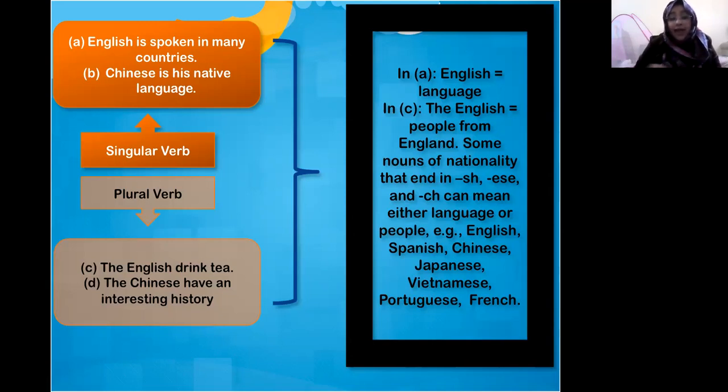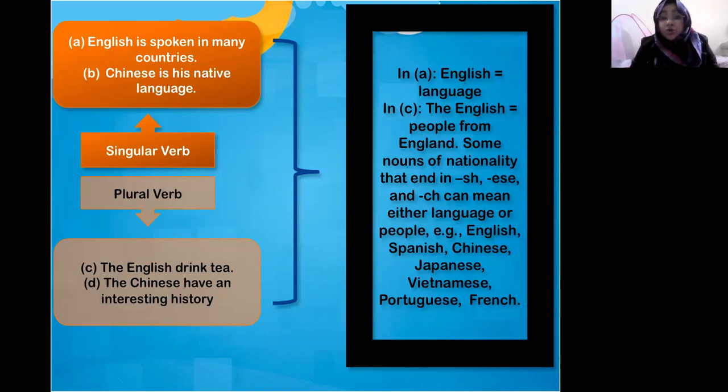But on the other hand, in number C and D, if you notice, there is a determiner. I hope this is understandable, or you must be knowing it, that with proper nouns generally determiners are not used. So English, Chinese, Portuguese, French, all these are proper nouns, and so we will not use any determiner with them.